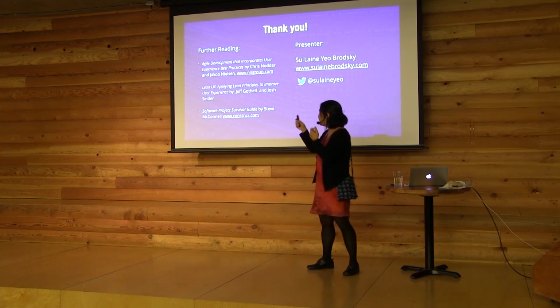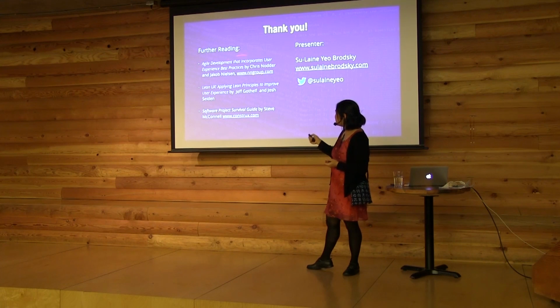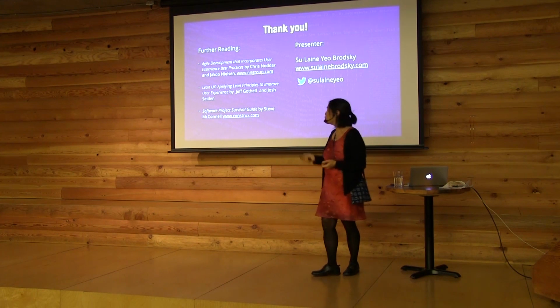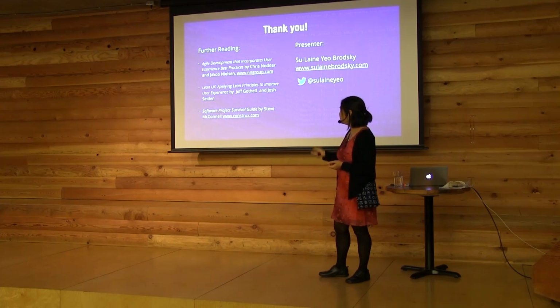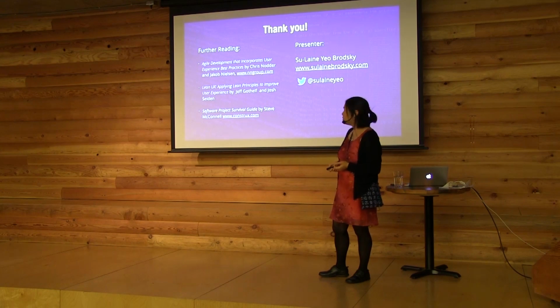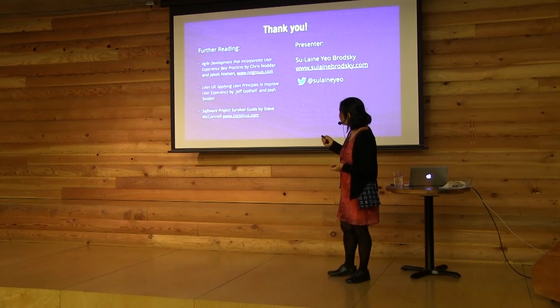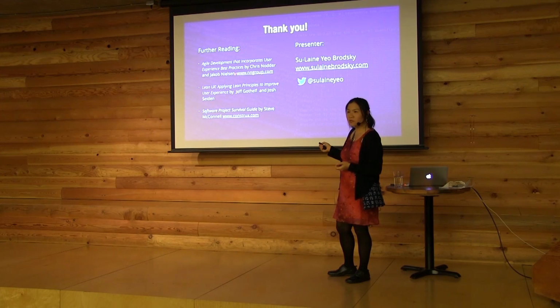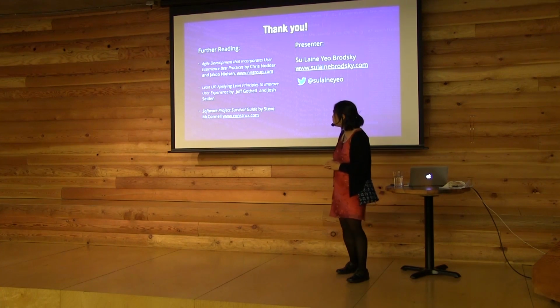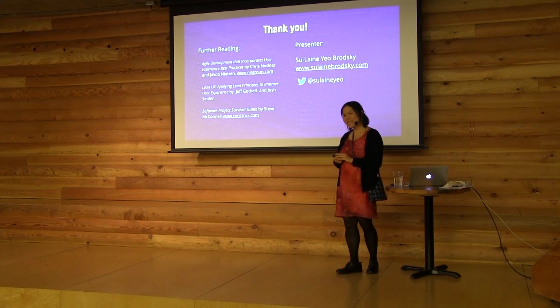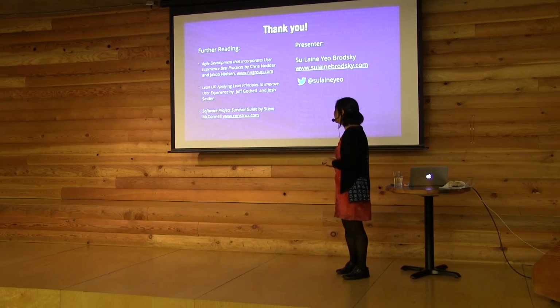There are 2 books that I find really useful. One of them you can get from Amazon very cheaply. This one is expensive, unfortunately. But I found this really useful: Jakob Nielsen and Chris Nodder, based on 16 case studies from Agile, implementing UX in Agile.